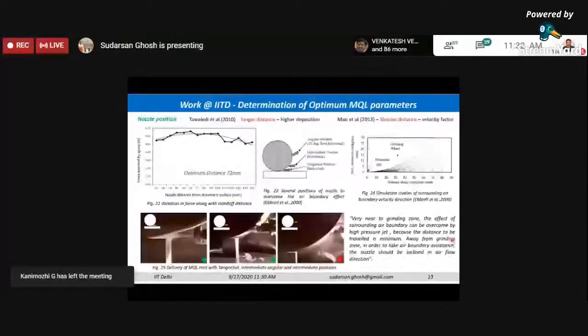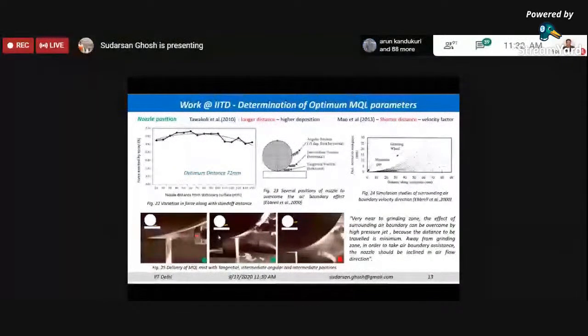And then, as you can see, we have also changed the nozzle locations. The green dots mean that these nozzle locations are fine. But for the third one, I have put a red dot, because this nozzle location is not fine: the mist which is being formed is not able to enter the grinding zone.